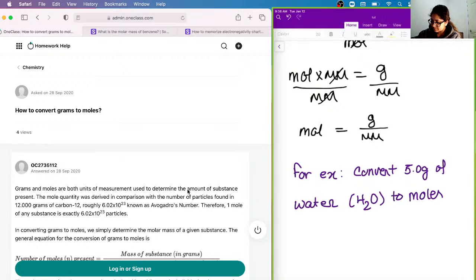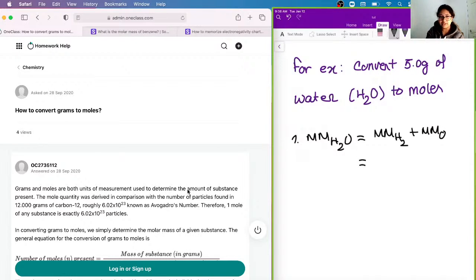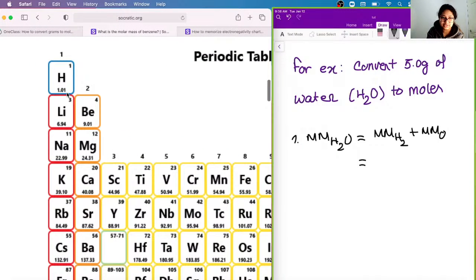First we need to calculate the molar mass of water. Break this down into the individual atom molar masses: the molar mass of H2 plus the molar mass of oxygen. The molar mass of hydrogen is given in your periodic table right here.